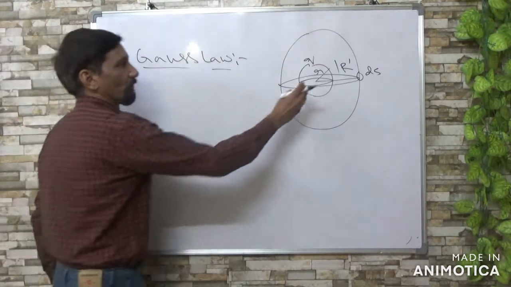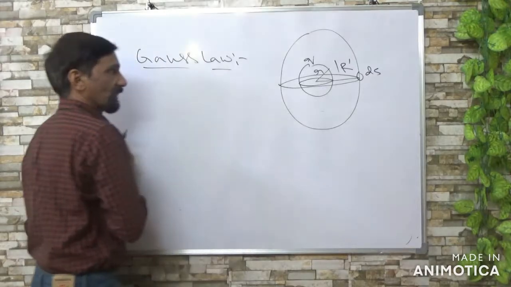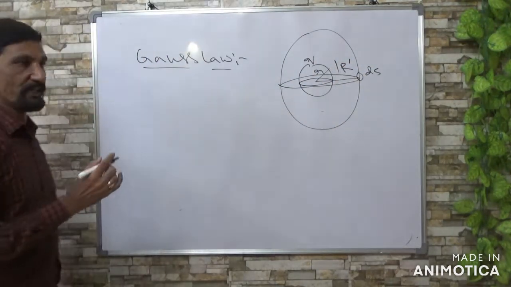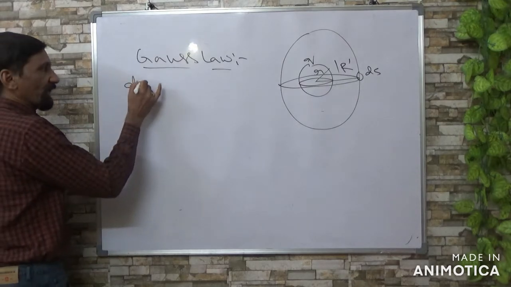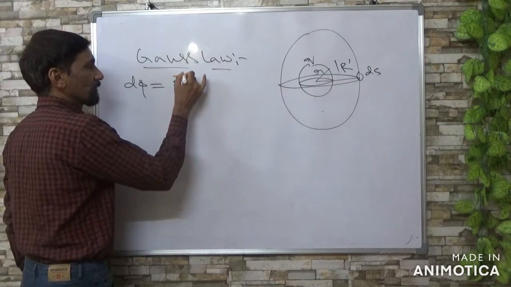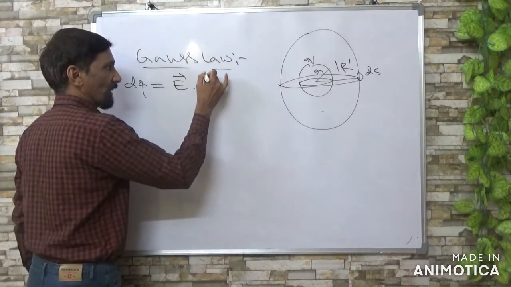So the flux coming out through this small surface is d phi equal to E bar dot ds bar.